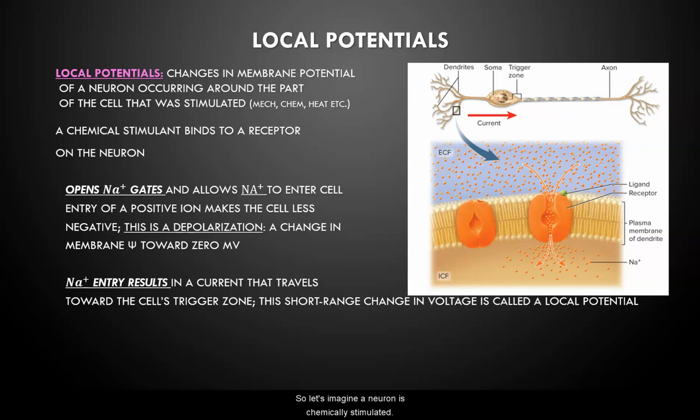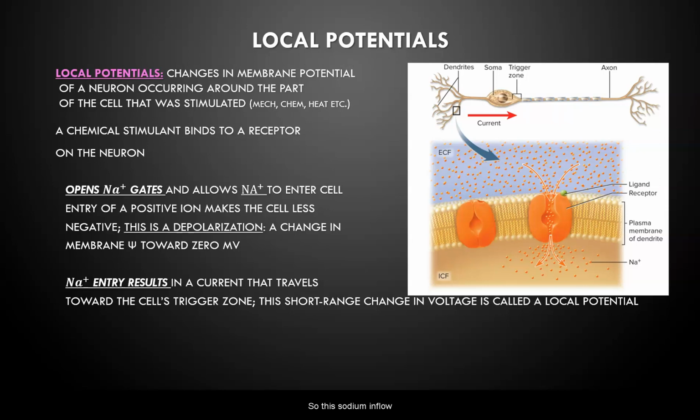So let's imagine a neuron is chemically stimulated, and the chemical stimulant, also called the ligand, will bind to a receptor on the neuron at the dendrites. This opens what are called ligand-gated channels, and especially ligand-gated sodium channels. These channels open and allow sodium cations to flow into the cell. Not leak anymore, but flow.